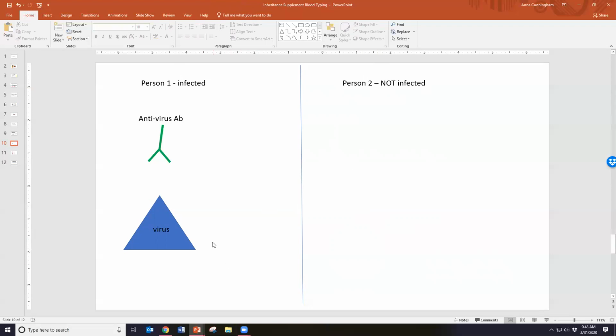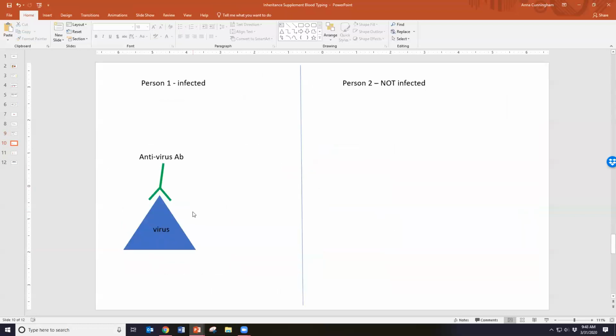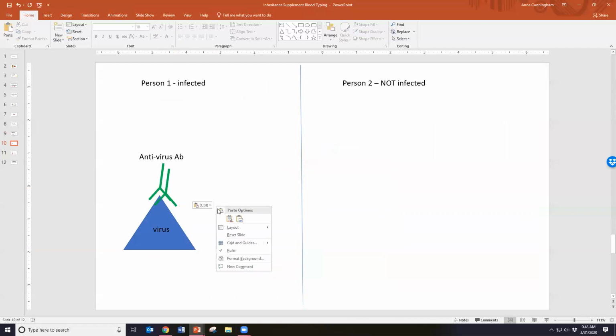So first off, let's talk about what happens in person 1 under ideal circumstances. In person 1, under ideal circumstances, if this antibody bound the virus, the same thing would happen that happens to the blood, it would clump up. Obviously this is Gen Bio, so we haven't talked about this, and unfortunately we probably won't, although I'm working on a lecture for you specifically about the virus.